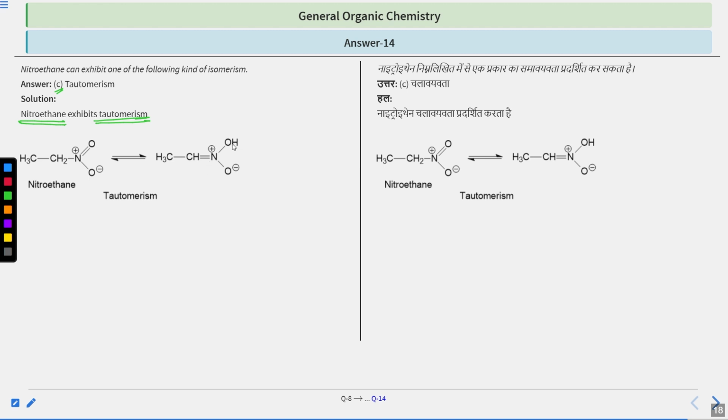That double bond with the oxygen is converting to the OH single bond. So tautomerism is the kind of isomerism exhibited by the nitroethane compound given in the question, and thus option C is the correct answer.